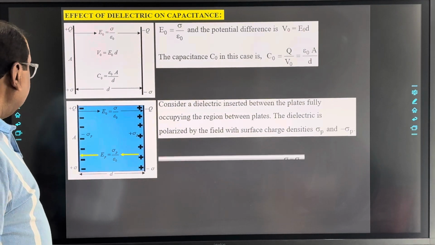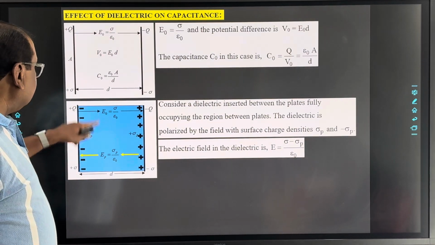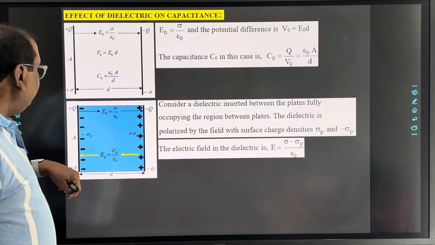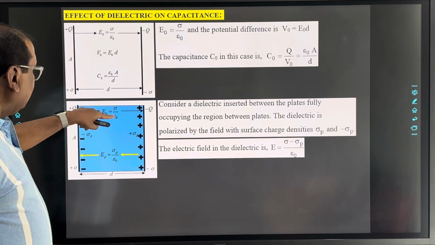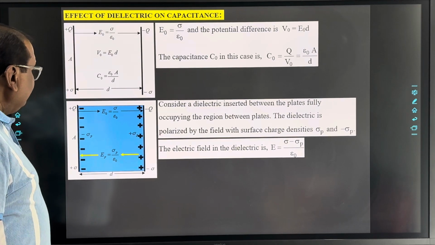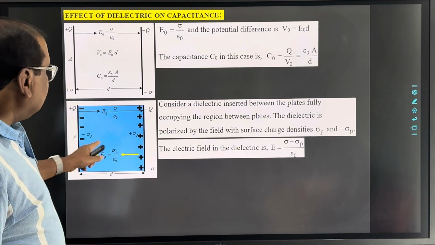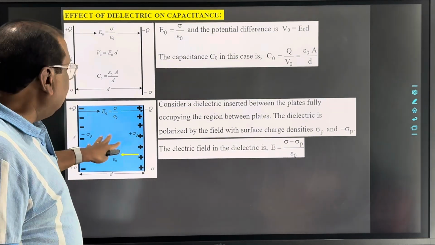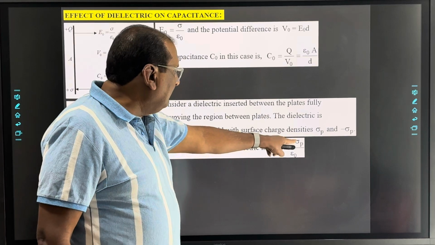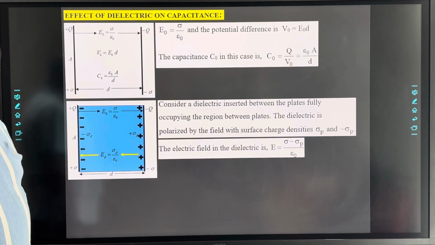Now see, the resultant electric field is E0 minus EP. E0 is sigma upon epsilon 0, EP is sigma p upon epsilon 0. So we can say the resultant electric field between these two plates of the capacitor is E equal to sigma minus sigma p upon epsilon 0.